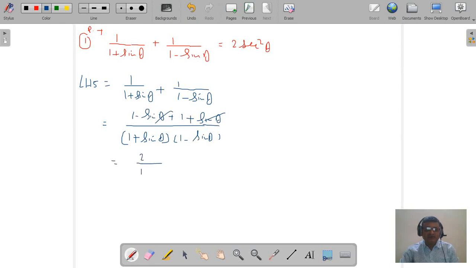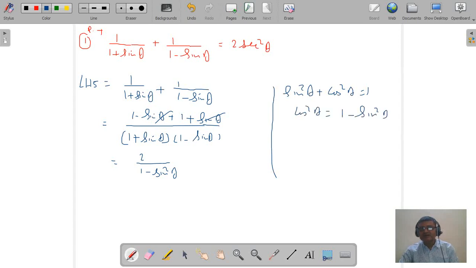This is 2 upon 1 minus sine square theta. So we are using the identity. You know that we have just proved that sine square theta plus cos square theta is equal to 1. So cos square theta can be written as 1 minus sine square theta. So 1 minus sine square theta can be replaced here by cos square theta, so we get 2 upon cos square theta, which is ultimately twice of sec square theta. So you can see how we are using the identity formula to solve these types of questions.